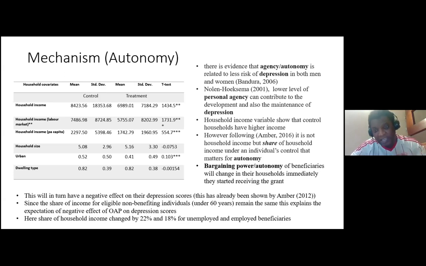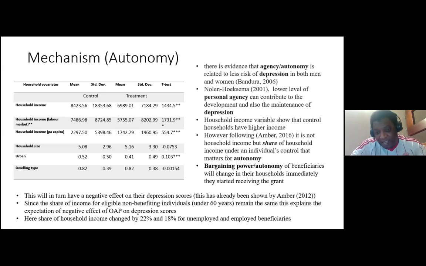The idea is that when the share of household income an individual controls goes up, the person tends to exercise more personal agency, because if you want to do something in a certain way and you have the power to pay for it, you may be able to decide what will be done. So getting that income is likely to increase the bargaining power of beneficiaries, and that ability to exercise personal agency will have an effect on depression score.